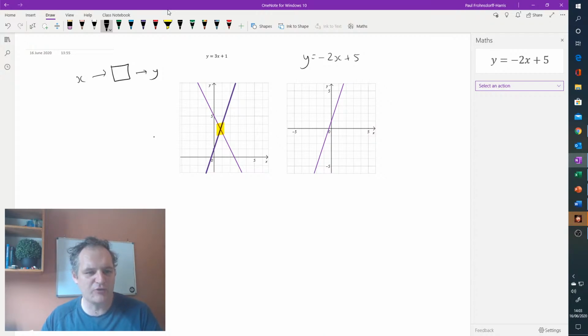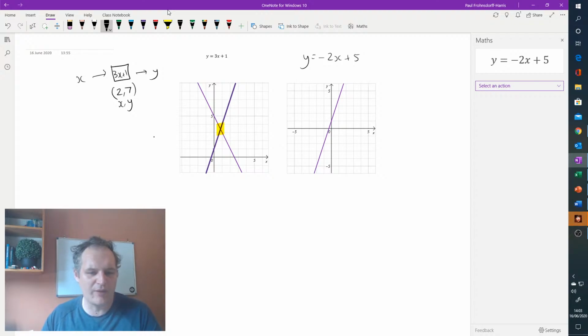So 3x plus 1: you put in a value, it gives you a value y. For example, 2 goes to 7, so the coordinate is 2, 7, because 3 times 2 is 6, plus 1 is 7. You get the y out. They're all inputs and outputs.